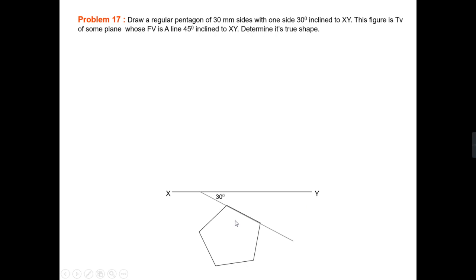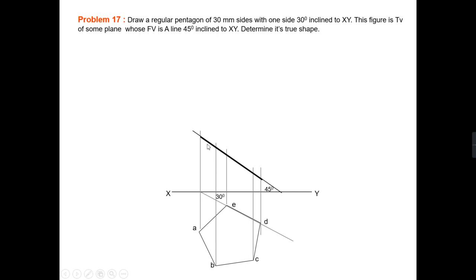After that, I can draw a straight line which is making a 45 degree angle with the xy line. Then I can project all these points in the front view. So I will get the front view of the plane, right?